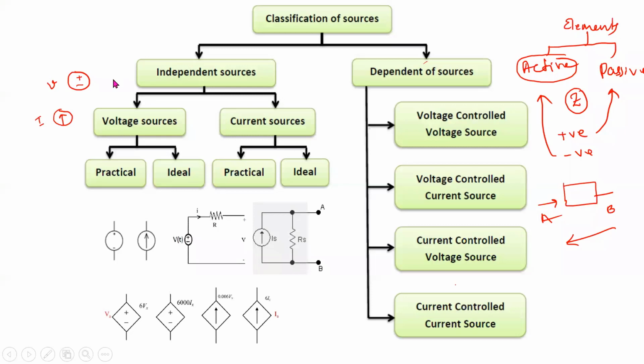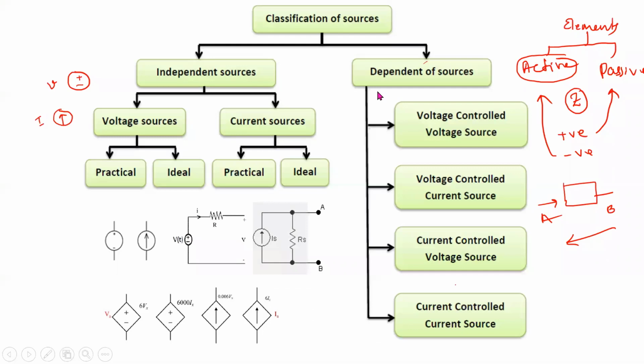So independent sources should be represented with a circle. Inside it, positive or negative signs represent the voltage source, and arrow marks, either upward or downward, represent the current source.